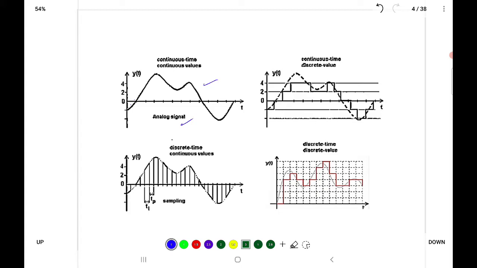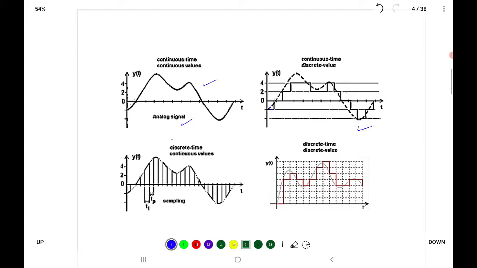When you go for continuous time signal, this one, it's continuous time signal. It means that the time can take any value, no restriction on it, continuous time. But the amplitude, as you see, is quantized. It takes levels. It doesn't take all values. For example, if you look at the broken line here, you'll find that this is the analog signal.